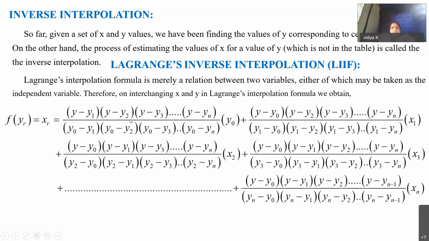X minus x2 changes to y minus y2. Only a mere interchange: wherever x by y, wherever y by x, and suffixes you retain as they are. And there we multiplied by, sorry, here I made a mistake, it is not y naught, x naught. So there we multiplied by y naught, here it should be x naught. Only that change. Then we take a problem on that.